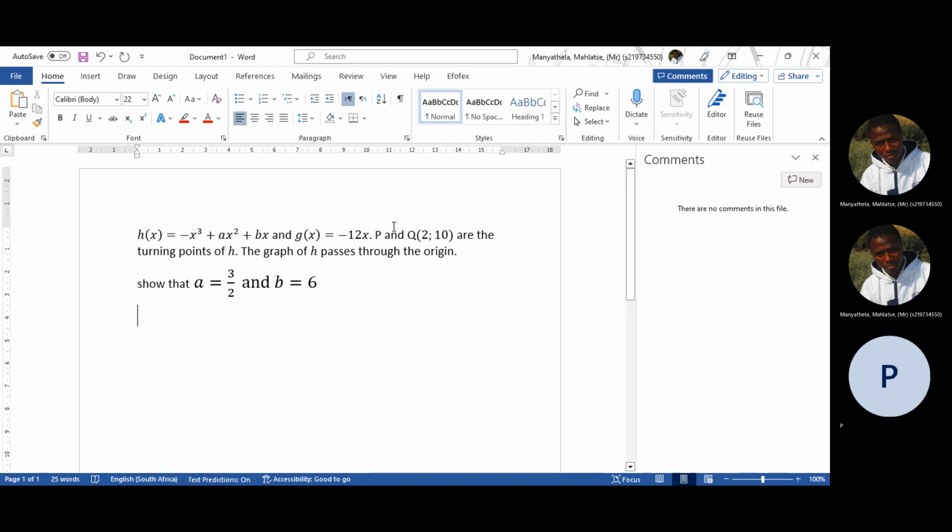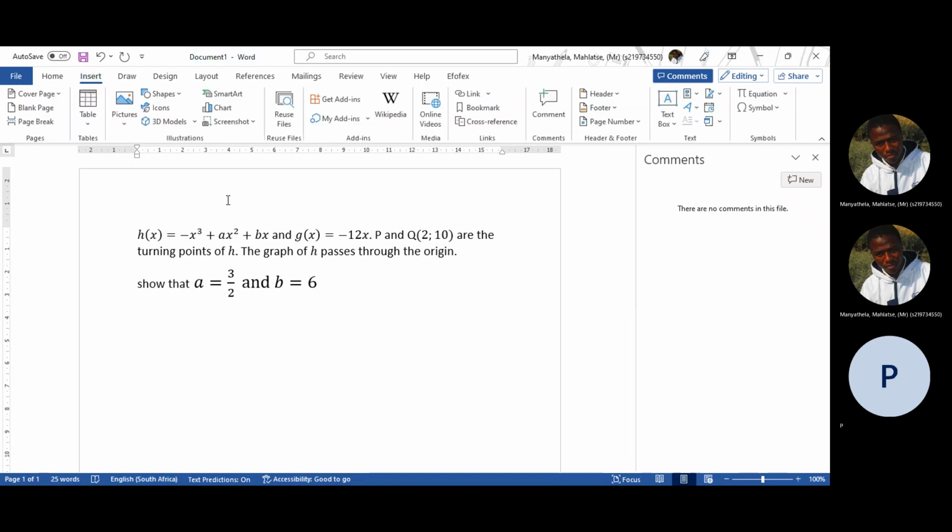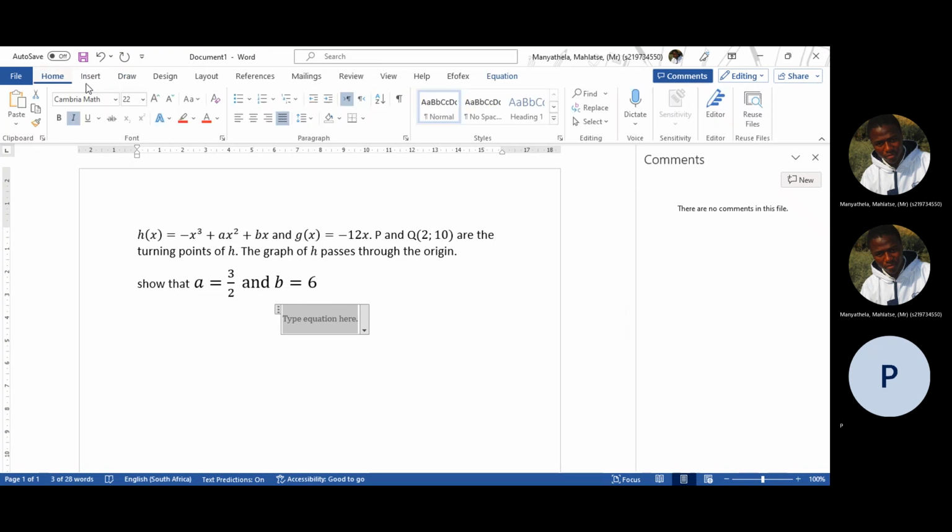They told us P and Q are the turning points. Remember that when you are dealing with a cubic function and calculating the turning points of that cubic function, the first thing that you do is to find the derivative, the h prime of that function.